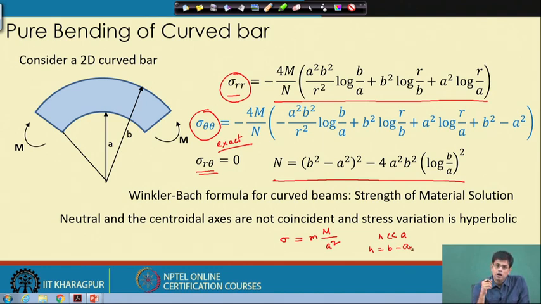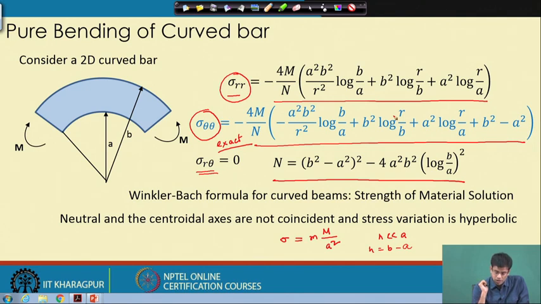If we take the curvature effect properly, then we get the hyperbolic stress variation. If we go a little further to the exact theory of elasticity solution, then we get the actual stress variation, which is of this form. As I have told earlier, this hyperbolic stress variation is quite a good approximation to the theory of elasticity result.